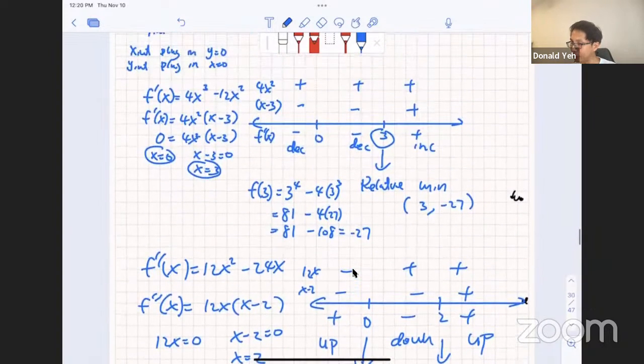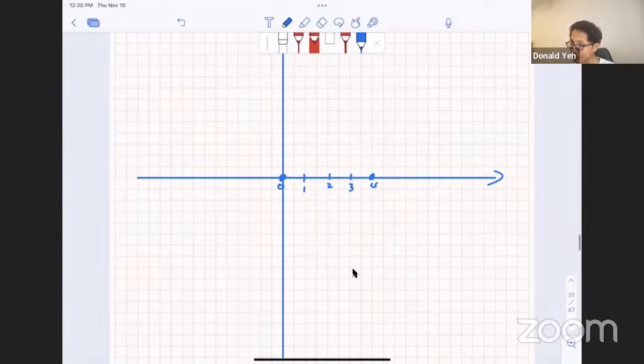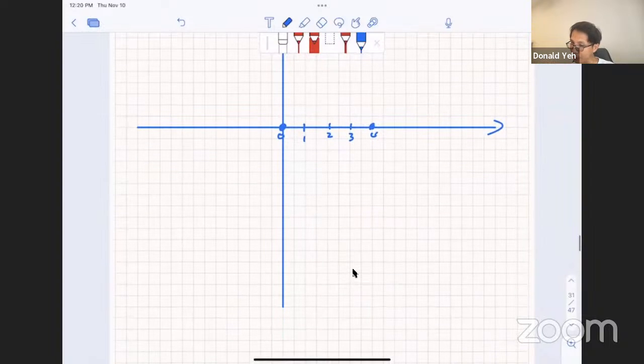Now I'm going to go to the relative min. The relative min is going to be (3, negative 27). Now the problem I have here is my increment. In order to go down 27, I need a bigger graph. So I'm going to change the scale here.